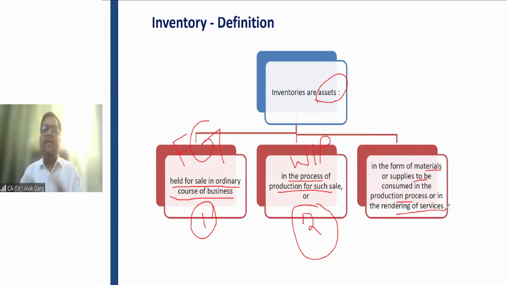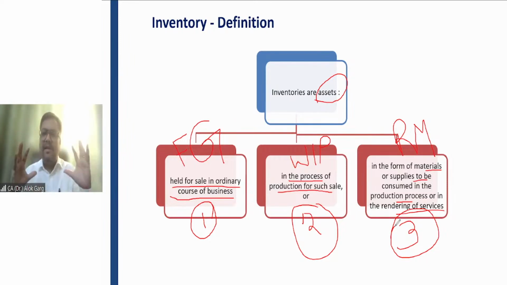So a lot of raw materials are there. So this also includes raw material, RM, as well. So friends, inventories are assets which are finished goods, work in progress, and raw material, right? Same thing which we have learned in our accounting standard 2.